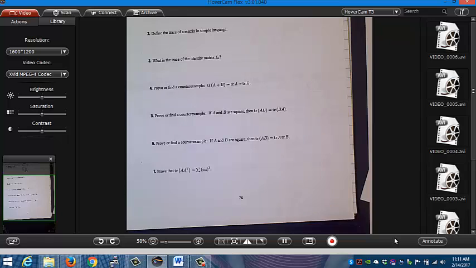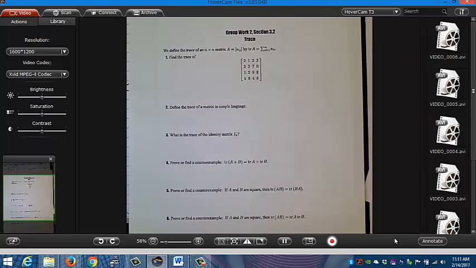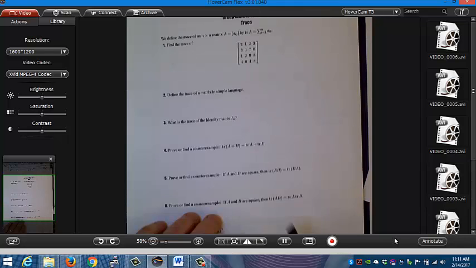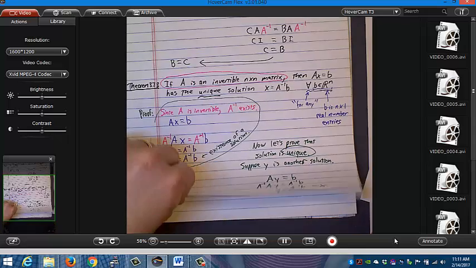So we're working on trace, and we want to use this sigma notation eventually. But for now, we're just playing with some 2x2 examples of A and B. So let me do this little work for you.